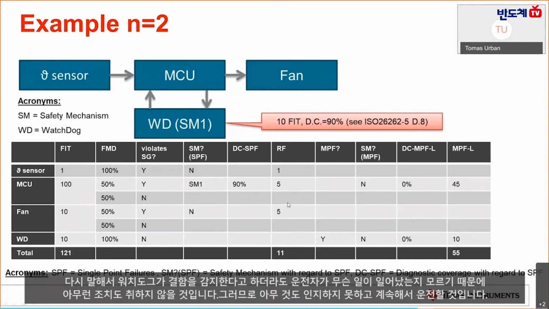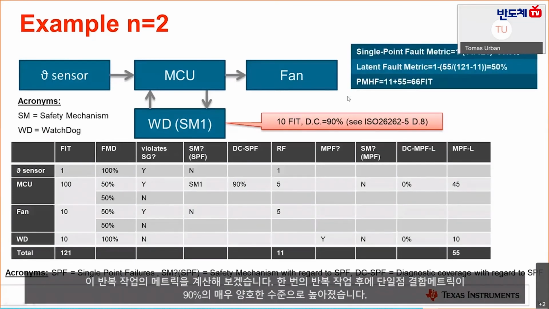So that means that even if the watchdog detects the fault, the driver will not do anything because he will simply not know that something has happened. So he will drive on and will not recognize anything.